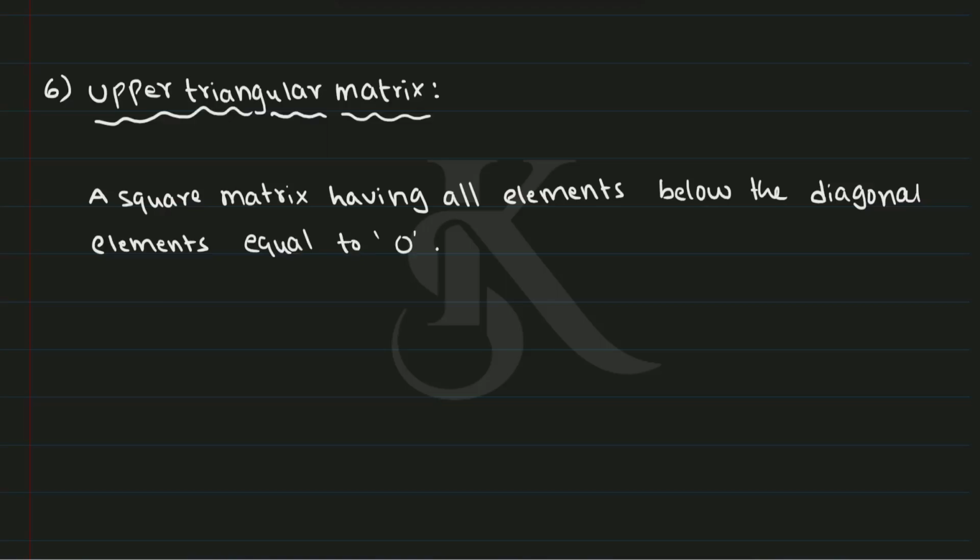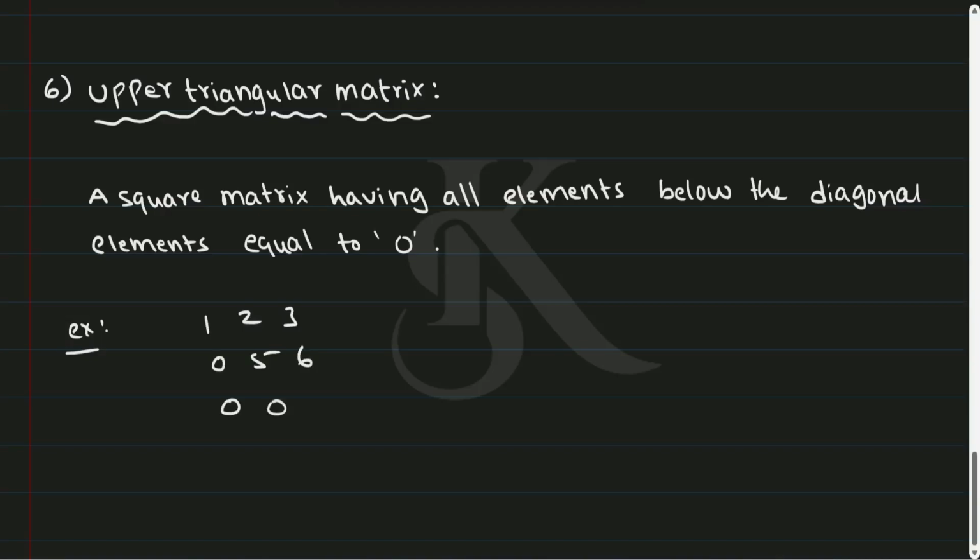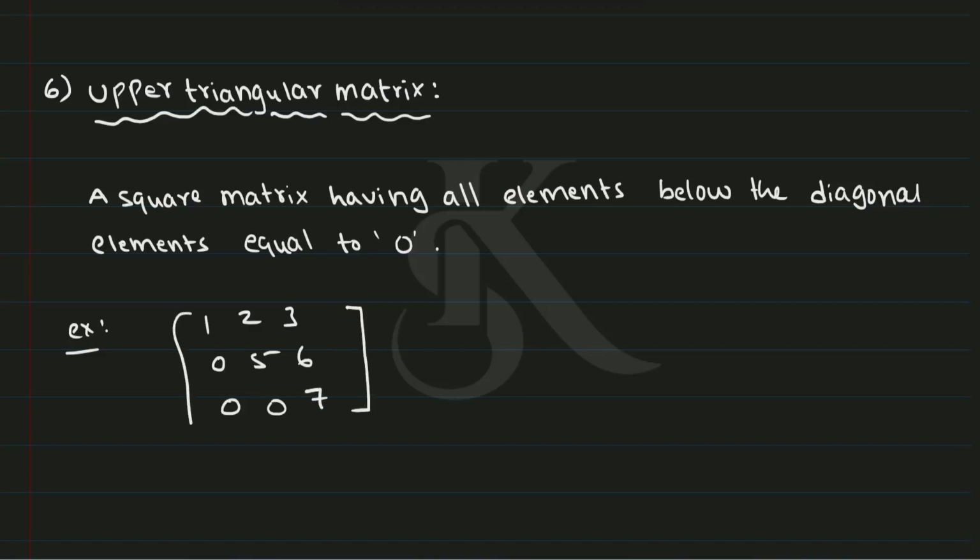Example: 1 2 3, 0 5 6, 0 0 7. Here this is the upper triangle.